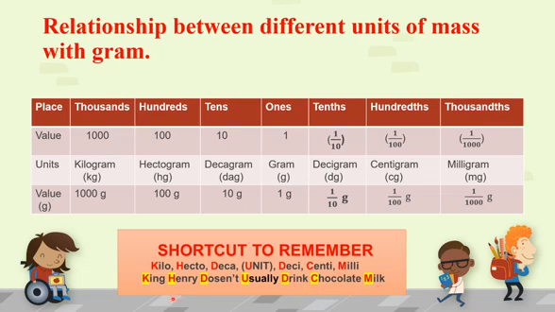So if you remember this statement, King Henry doesn't usually drink chocolate milk, then you'll always remember these unit prefixes in order. This will always be in order, and so will your place value and your relationship comparison. So you will always remember this in a proper format.